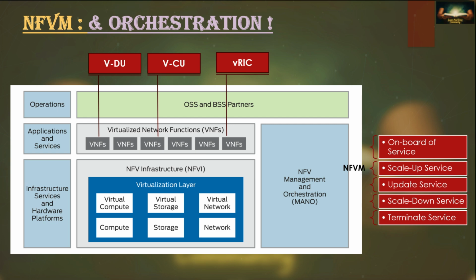ODU software or application then gets installed on this virtual server, and your ODU is ready for function. There is orchestration software on top of it, which manages all the underlying software and hardware for upgrades, scale up or scale down, or healing purposes.